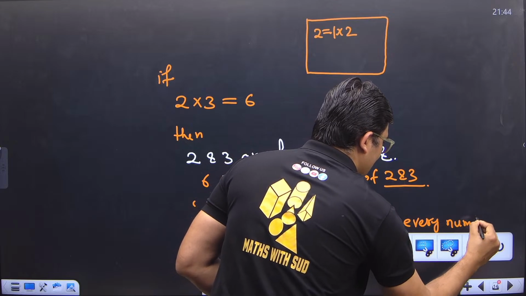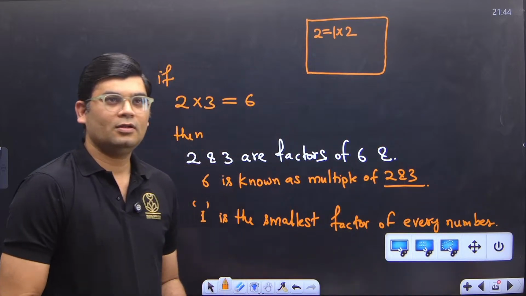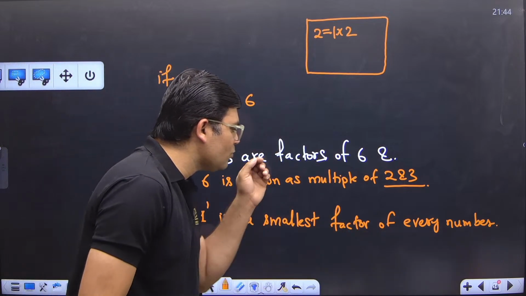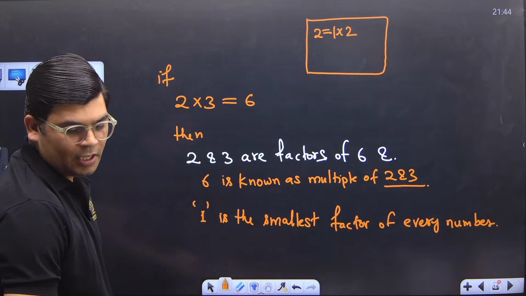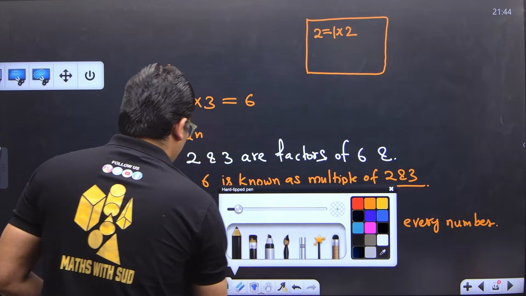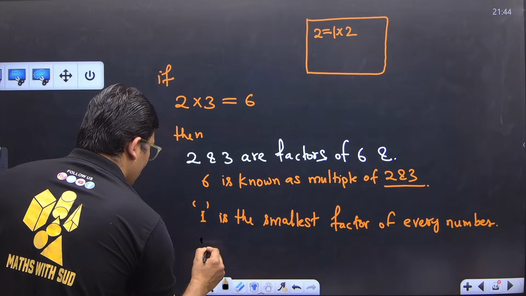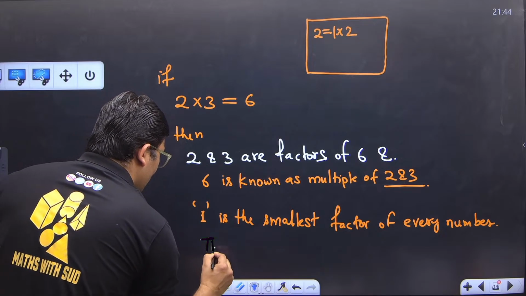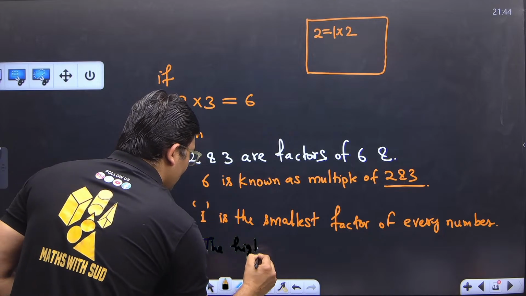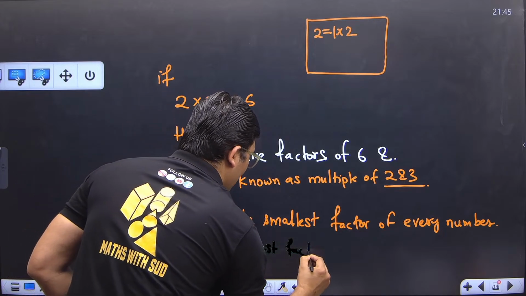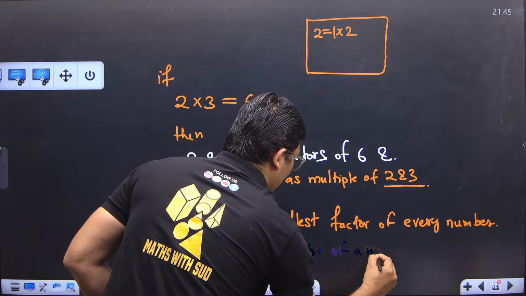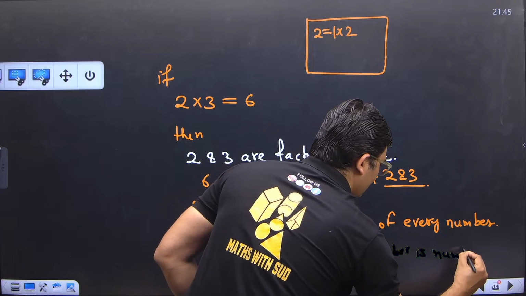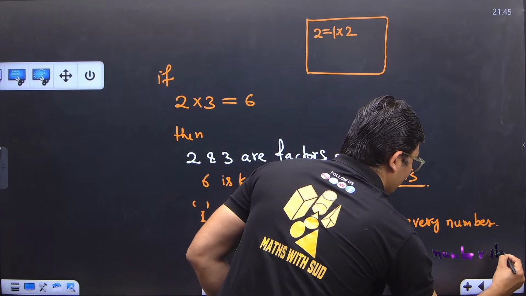The number itself, yes, very good. So first, 1 is the smallest factor of every number, and the highest factor of a number is the number itself.